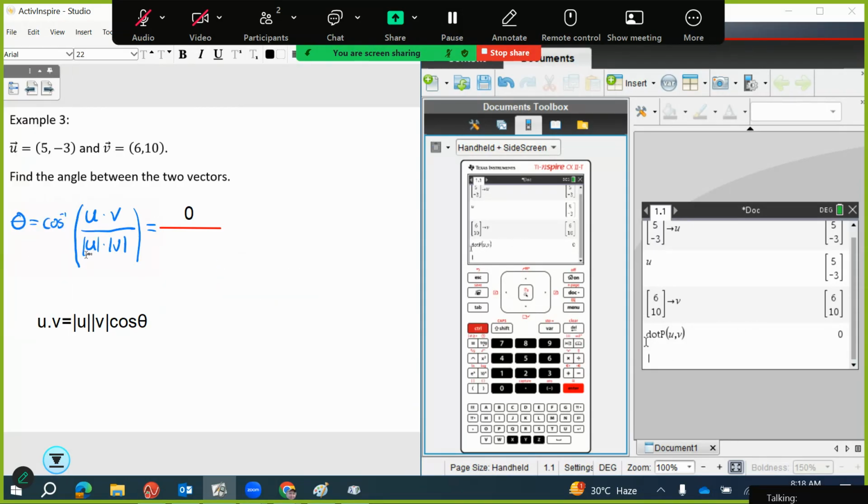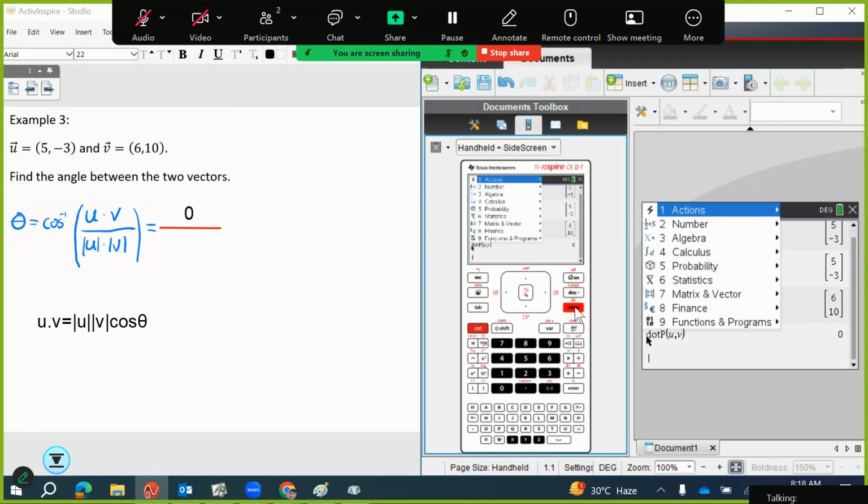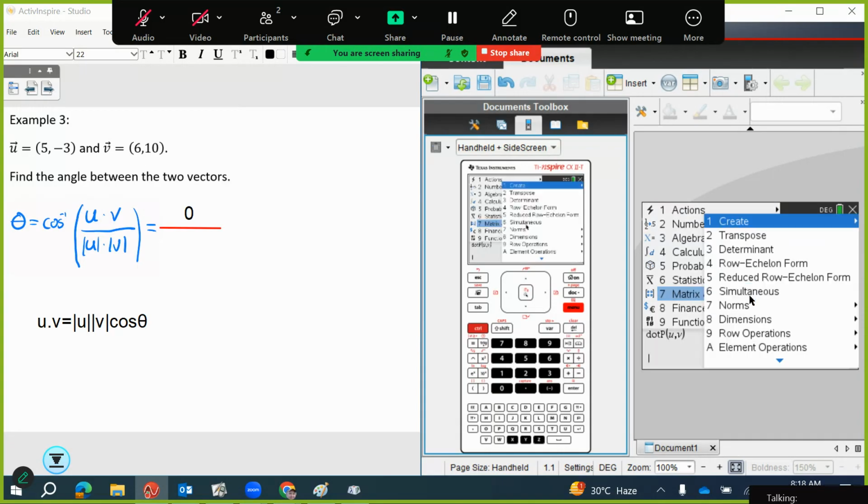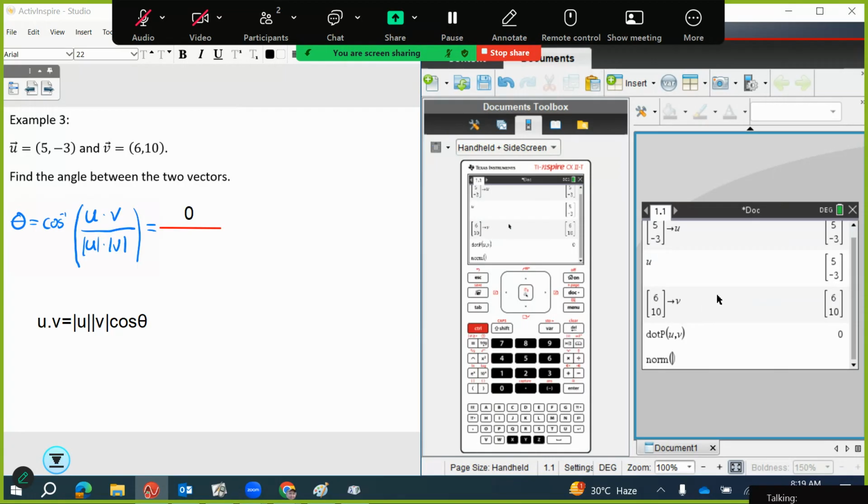So let's say now we need the magnitude of u. We can do this on the calculator by pressing menu, matrix, and what you want is norms. You want the norm of u. There we go, root 34.